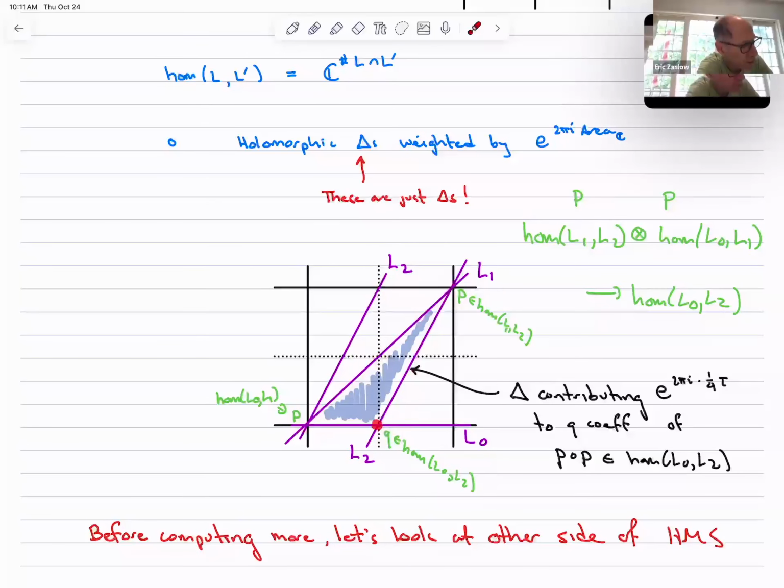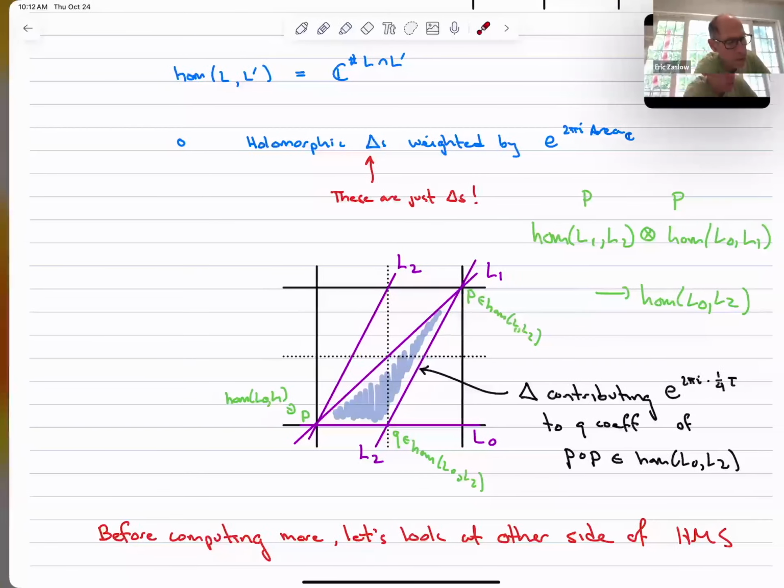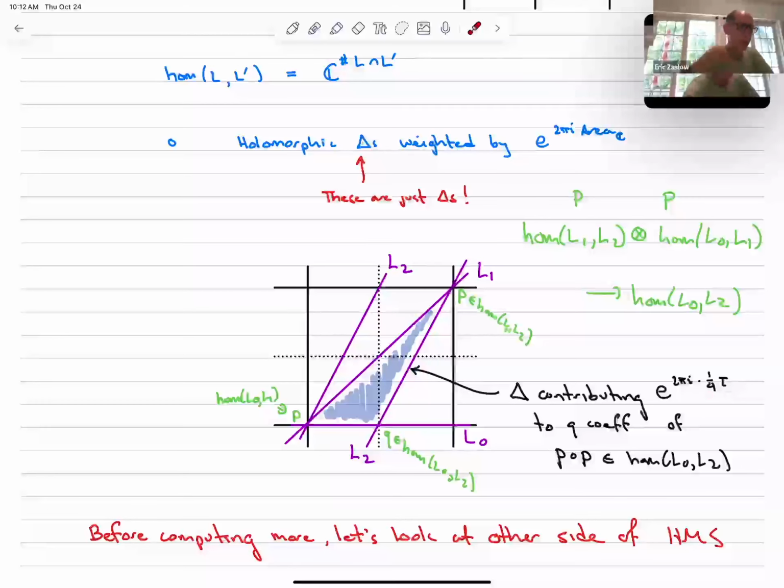If they go through this point Q, this triangle would contribute how much? E to the 2 pi i times its area. Its area is 1/4, a quarter of a fundamental domain, so it has area 1/4 tau, tau being the area of a fundamental domain.